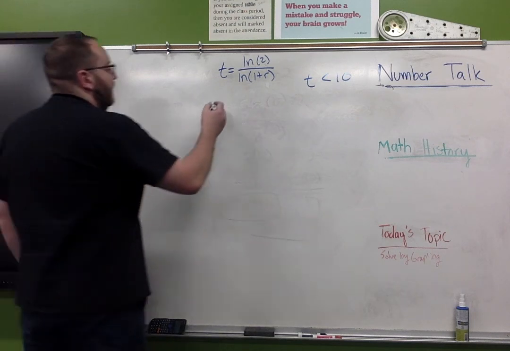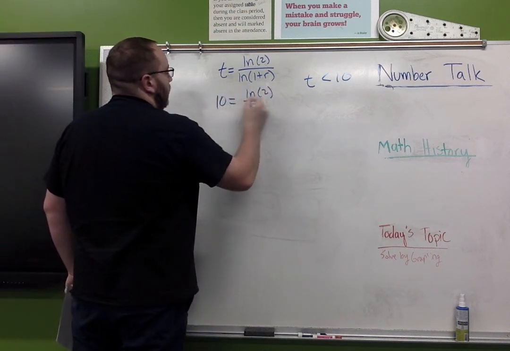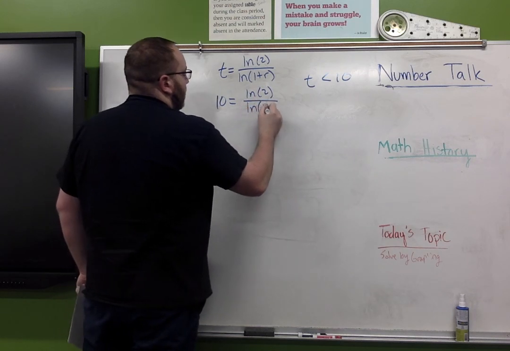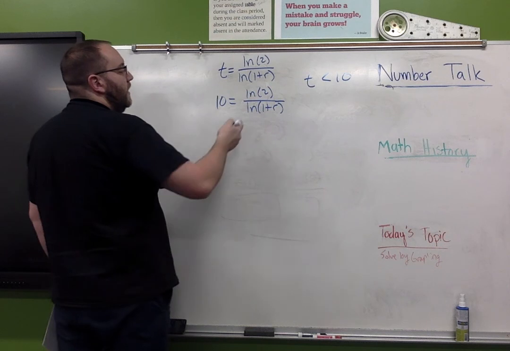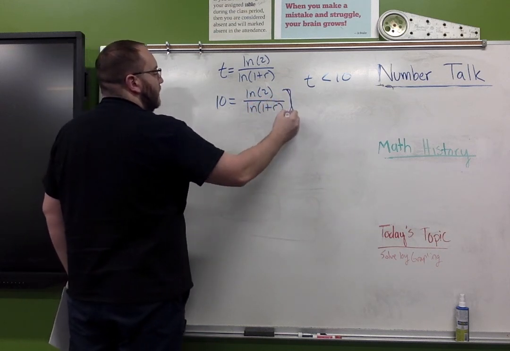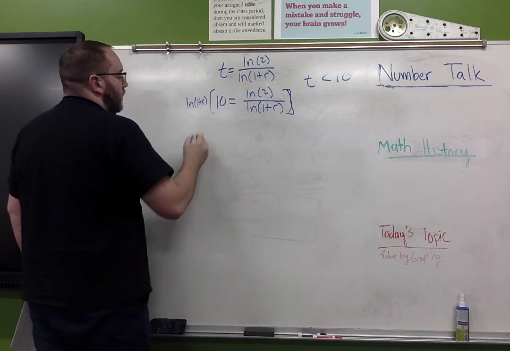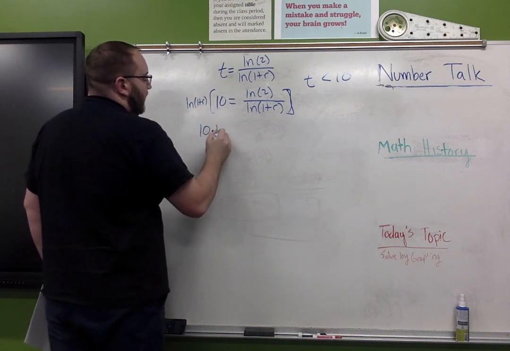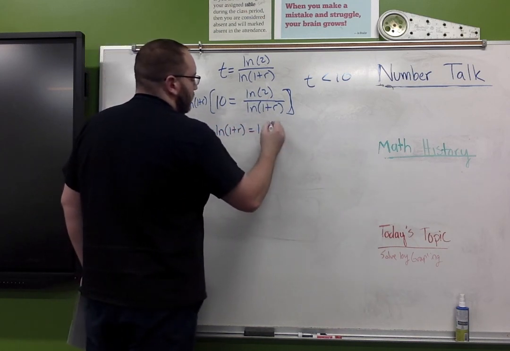All right, so let's look at this. We're going to plug in 10 for T. So 10 is equal to the natural log of 2 over the natural log of 1 plus R. I want to get R by itself. Here I'm dividing, so I need to multiply everything by the natural log of 1 plus R. So I get 10 times the natural log of 1 plus R is equal to the natural log of 2.